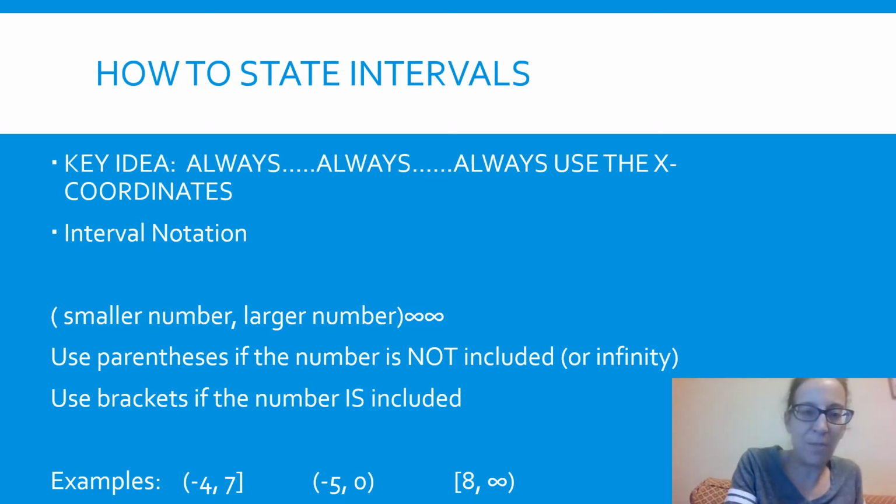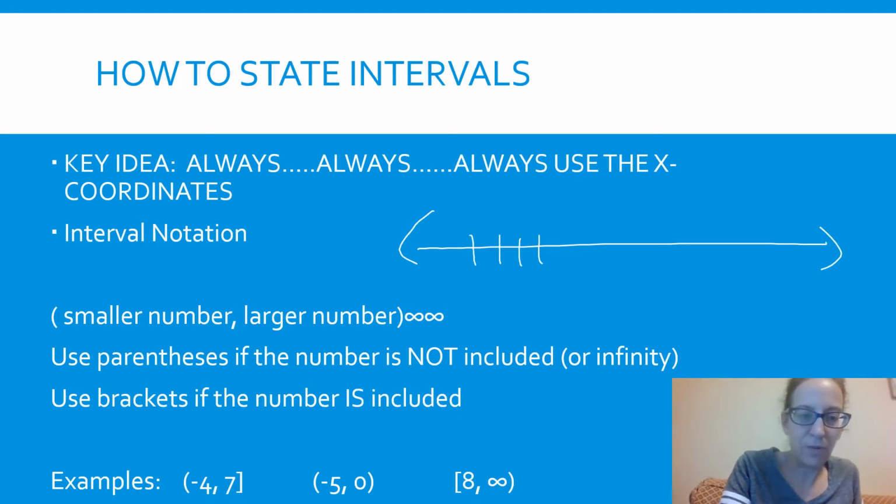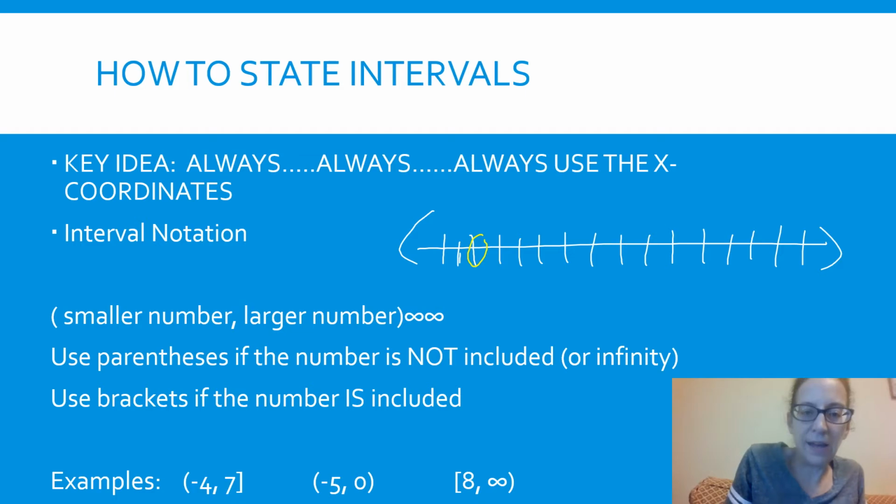Okay, so if I have a number line, and we'll do 1, 2, 3, 4, 5, 6, 7, 8, 9, 10, 11, 12, 13. We'll just put some stuff on there. Suppose this is -4. Then I'll go through this with the pointer: -4, -3, -2, -1, 0, 1, 2, 3, 4, 5, 6, 7.